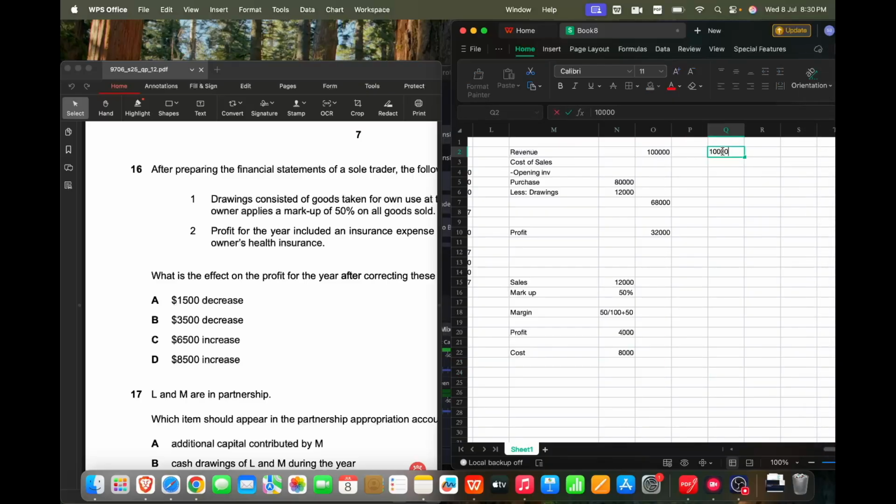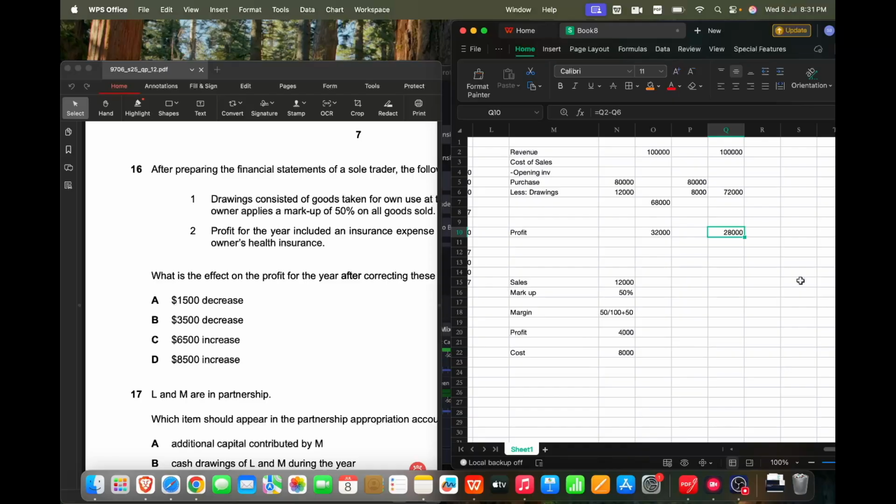So revenue is still 100,000 and purchase is still 80,000. But now the drawings will be recorded as 8,000 and not 12,000, because that is the cost of the drawings. And this will increase my cost of sales, which is 72,000. Now if I calculate the profit, revenue minus cost of sales, that will give you 28,000.